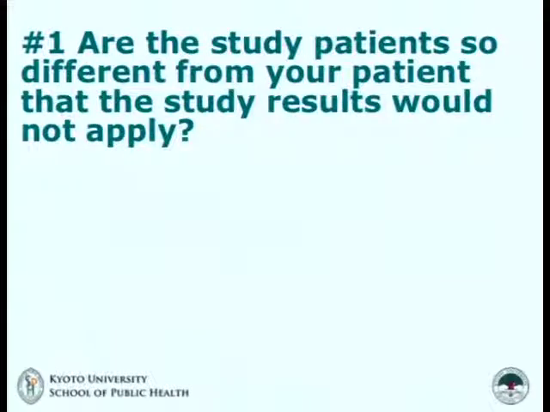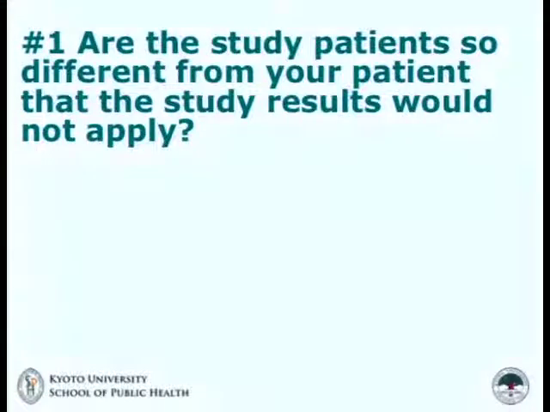First, you must ask, are the study patients so different from your patient that the study results would not apply? Of course, if your patient satisfies all the eligibility criteria of the study, then there is little doubt that the study results would apply.